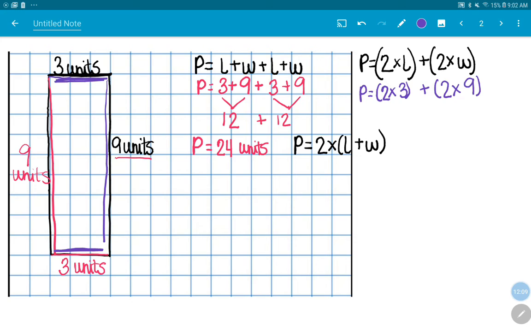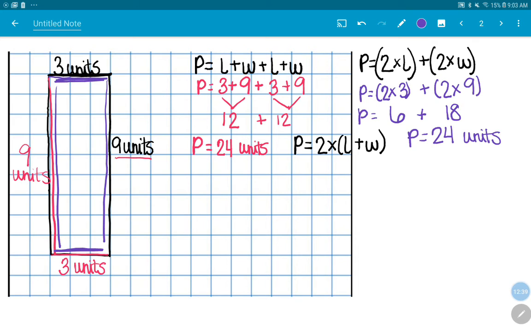Here's a width of 9. Here's my other width of 9. So 2 times 3 equals 6, plus 2 times 9 equals 18. And if I add 6 plus 18 together, I will get 24. So the perimeter is 24 units. We found the exact same answer. We just solved using a little bit different strategy.